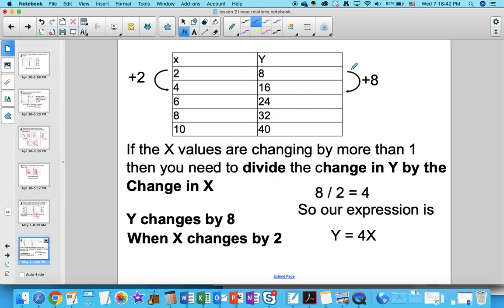So the change in y is positive 8, and the change in x is positive 2. Well, you divide the change in y by the change in x. So 8 divided by 2 is 4. So our expression will be y equals 4x.